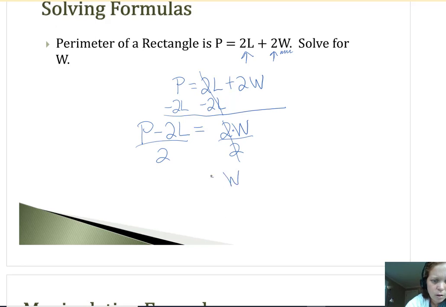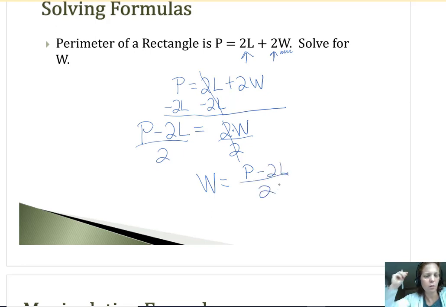So now W is alone. This whole thing on the left is what the width would always equal. I would have the full perimeter all the way around, take off my 2 lengths, cut it in half, and that would give me just one of my widths. Just leave it like that.